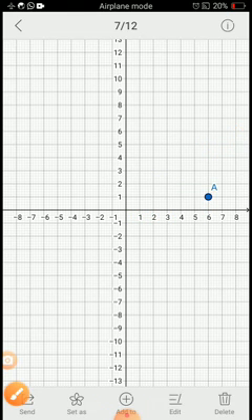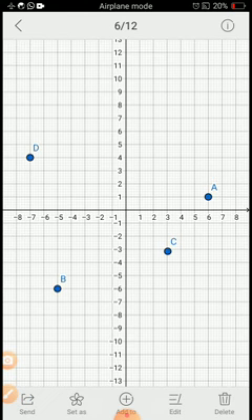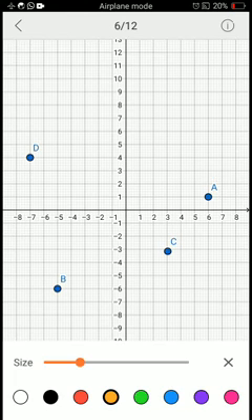Now let me check whether you have understood or not. Now see, I'll take the point D. If I want to check the coordinates of D, what I have told is, just drop a perpendicular from D on the y-axis and drop a perpendicular from D onto your x-axis.